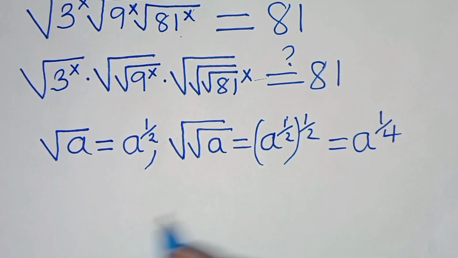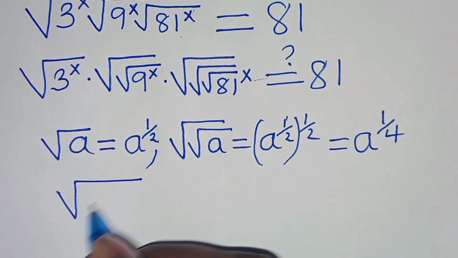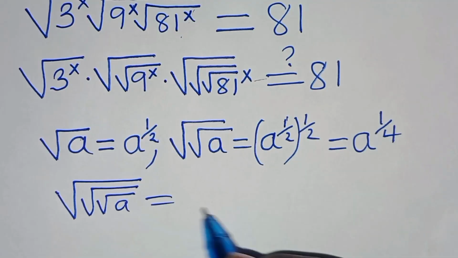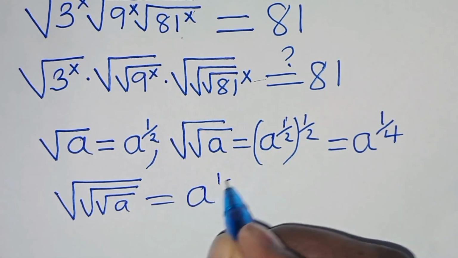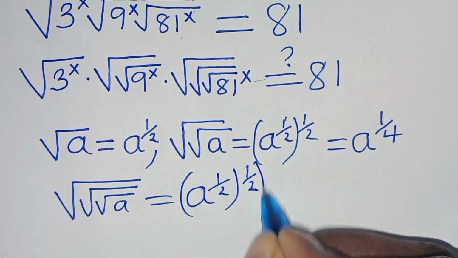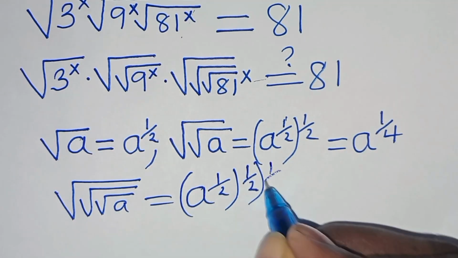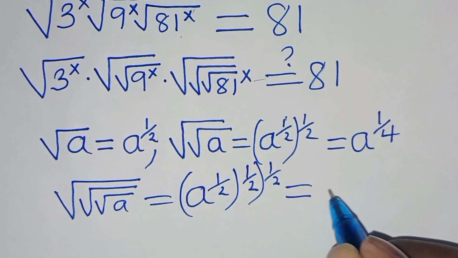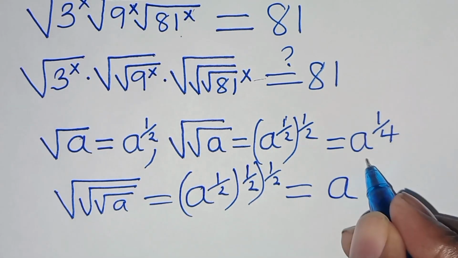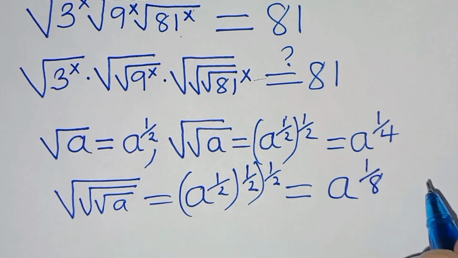Then lastly, if you have three square roots of a, this is the same thing as a raised to power half raised to power half, then raised to half. So this is a raised to power half times a half times a half. This is a to power 1 over 8.